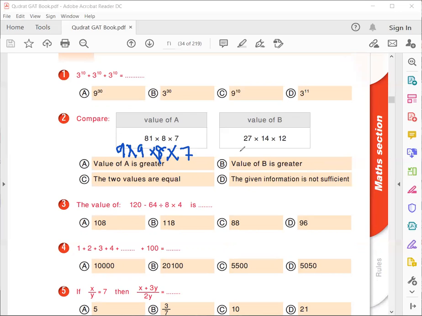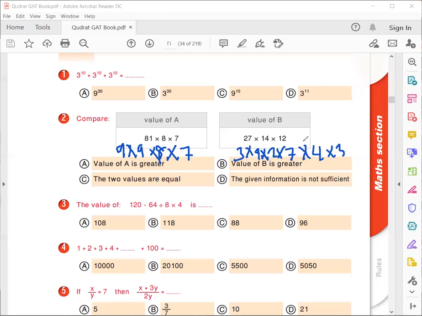Now 27, what is it? It is 3 times 9, right? 14 is 2 times 7, right? And 12, what about the 12? It is 4 times 3, right? So now I can simplify it.